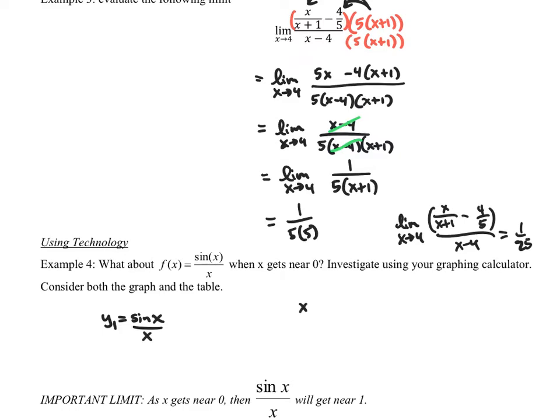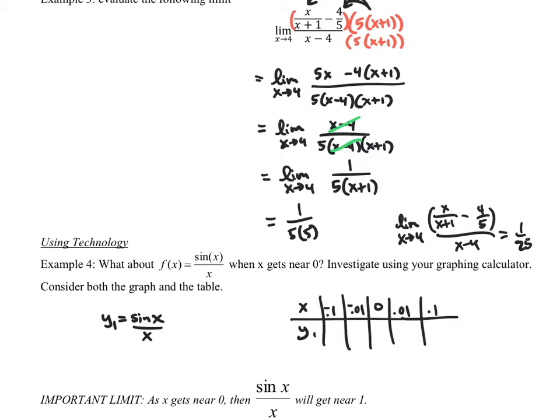Then go to your table and look at values around 0, values that are pretty close, like negative 0.01 and negative 0.1, as well as on the other side, 0.01 and 0.1. What you're going to see, and I don't have my calculator up, is that these values are going to approach a certain output.